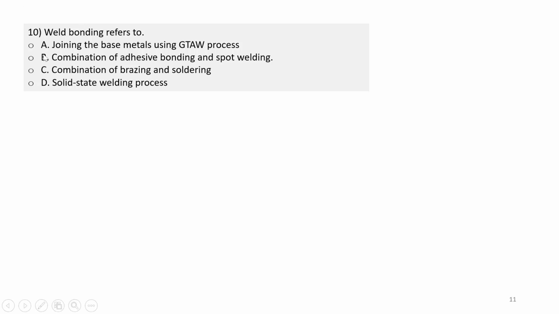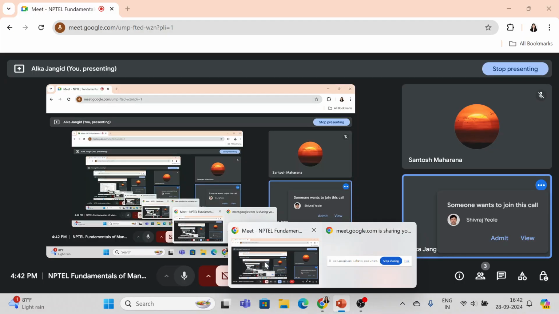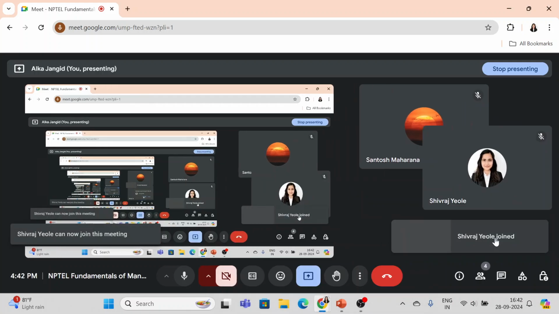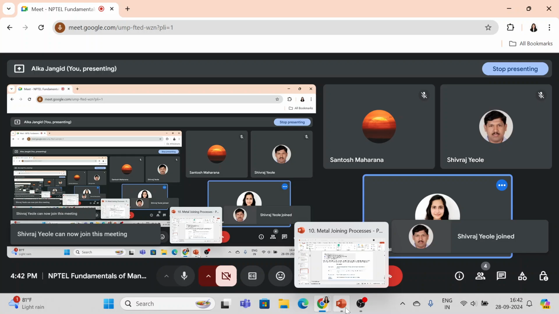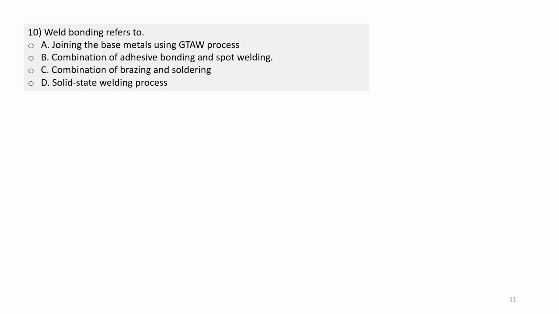So the correct answer will be B, the combination of adhesive bonding and spot welding.